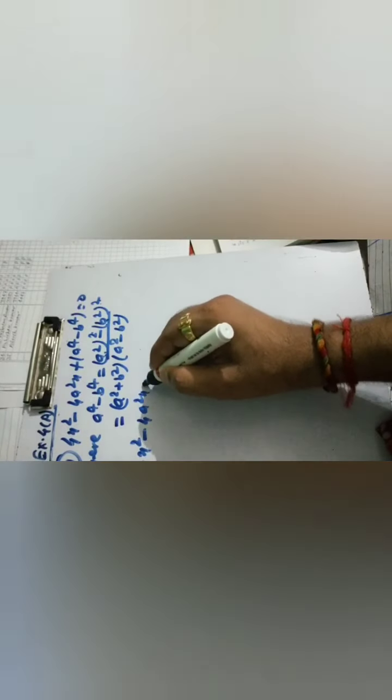It is the identity a square minus b square, where at the place of a there is a square and at the place of b there is b square, and a square minus b square is equal to a plus b, that is a square plus b square, into a minus b, that is a square minus b square. So your quadratic equation can be written as 4x square minus 4a square x plus a square plus b square into a square minus b square is equal to 0.